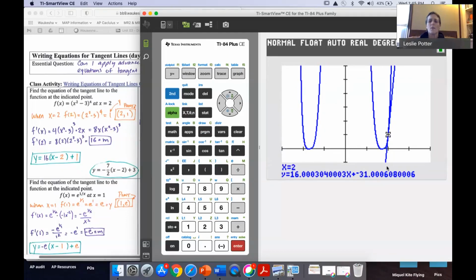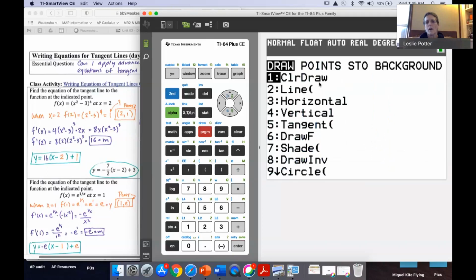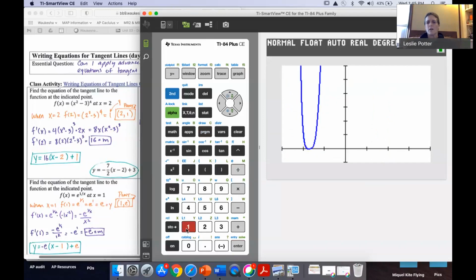Like I said, this is drawn in there. You can actually erase it, and the way we do that is we go 2nd, draw, and clear drawings. This option 1 will erase it and get rid of it. So 2nd draw 1, and then that tangent line is no longer there. If you have a random tangent line or some random shading, we'll use some shading in the second semester, that's how you get rid of those things, just so you know.